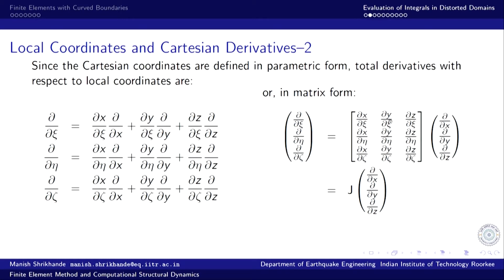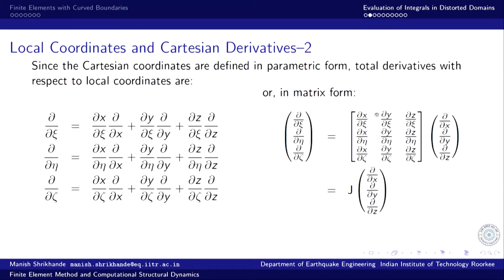So, this matrix of derivatives of Cartesian coordinates with respect to local coordinates is known as the Jacobian of transformation. So, it relates how the local coordinates xi, eta, zeta are mapped to Cartesian coordinates, or the global physical coordinates x, y and z. So, this defines the transformation relationship between the two coordinate systems. And once we have this mapping known, this Jacobian can be evaluated at any point.